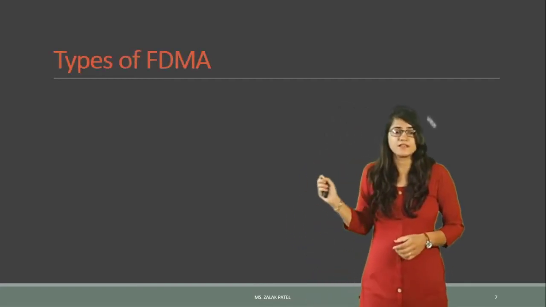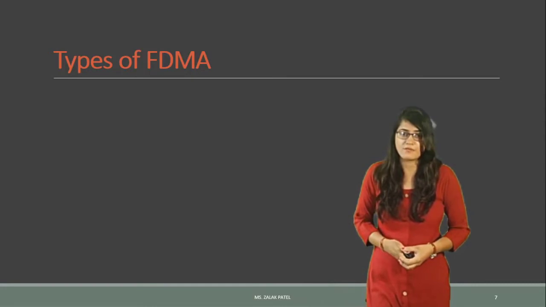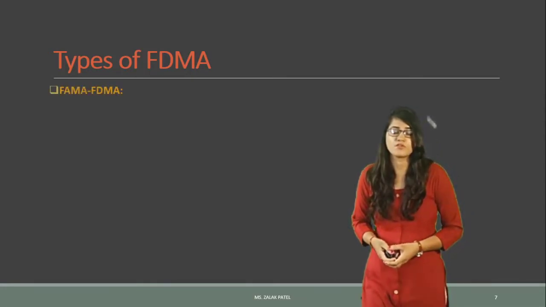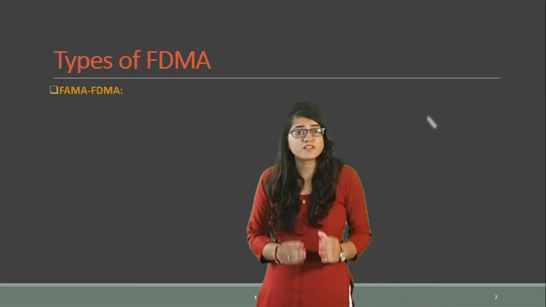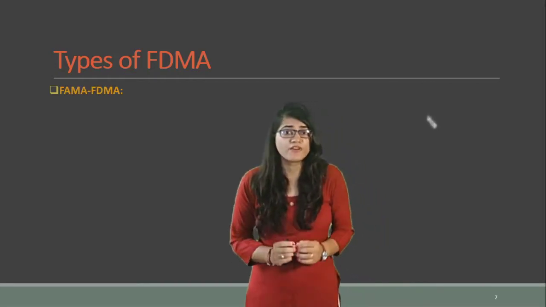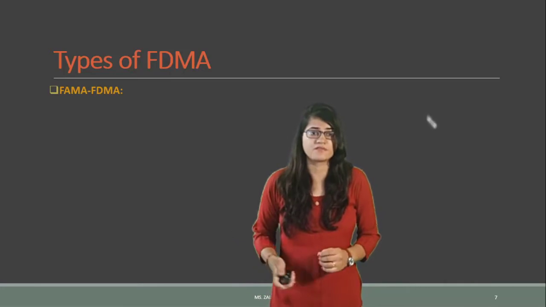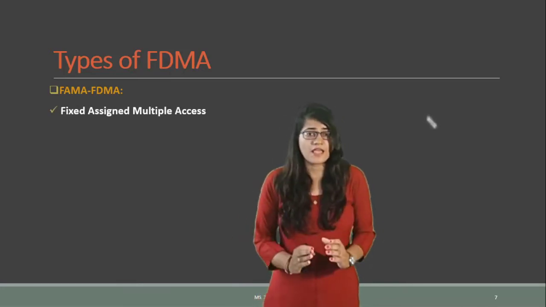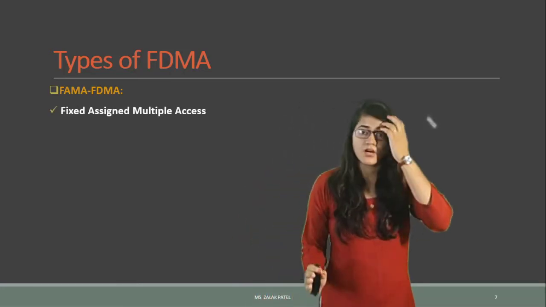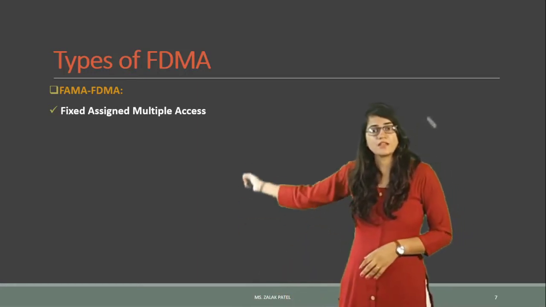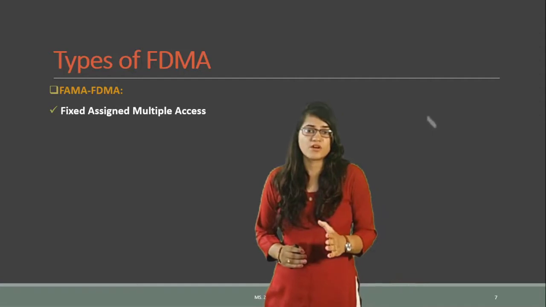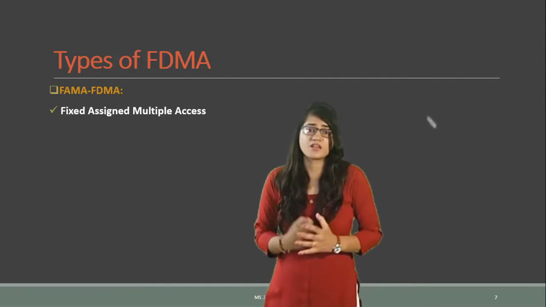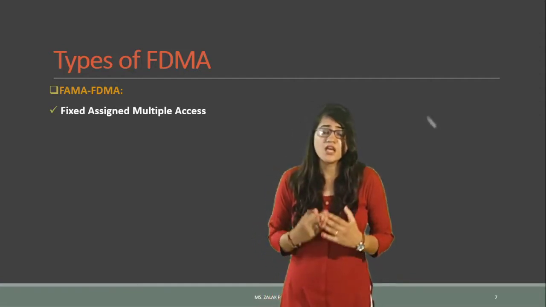Now let's discuss the types of frequency division multiple access. The first type is FAMA, FDMA. FAMA means fixed assigned multiple access, frequency division multiple access, fixed assigned. In the same way that we discussed in unit number 2 about the channel assignment technique, this is the same case. FAMA, FDMA means a fixed or predetermined assigned number of channels is available to users.